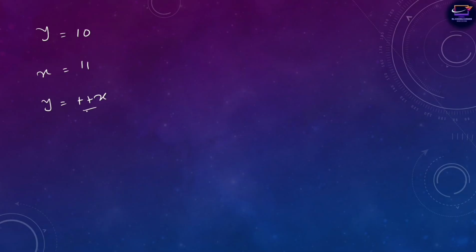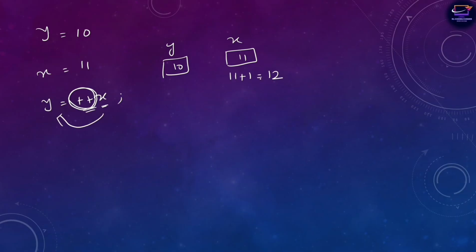Normally we would think plus plus x means x's value is 11, so 12 will be stored in y. But here y's value is 10 and x's value is 11. Here the operator comes first, right? First the operator, so first x's value is incremented, x's value was 11, so 11 is first incremented to 12, then it is assigned to y. So y's value will be 12 and x's value will be 12, right? So first x is incremented and then assigned to y.